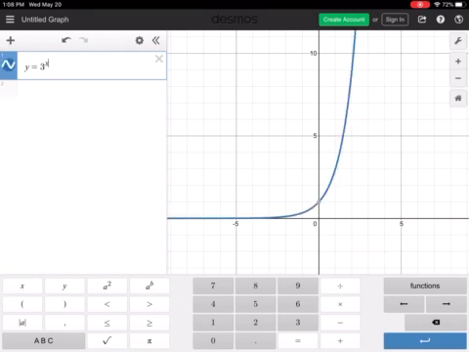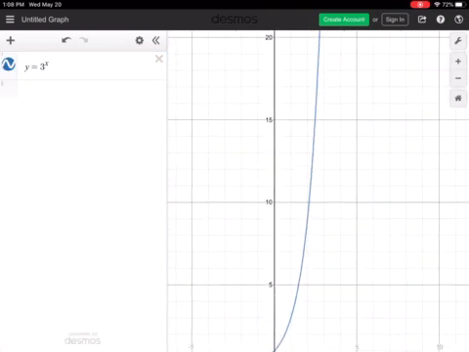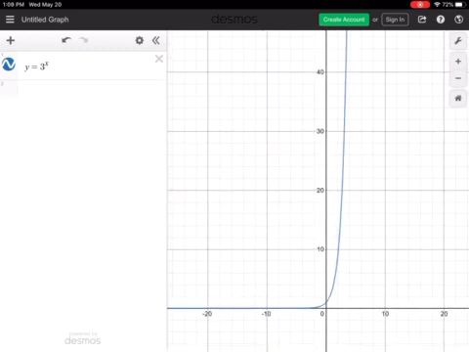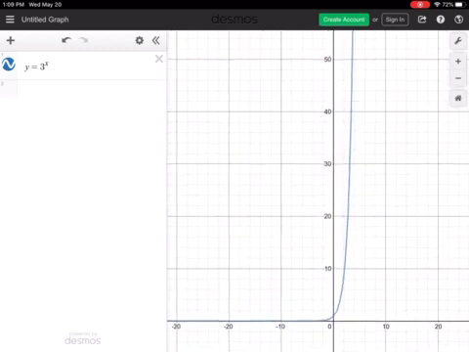All right, so we've got this thing here, this was our 1 right here, and then it grows very quickly. And what you'll notice is that if I take this and move it up and pan out, it continues to move to the right. It continues to grow.